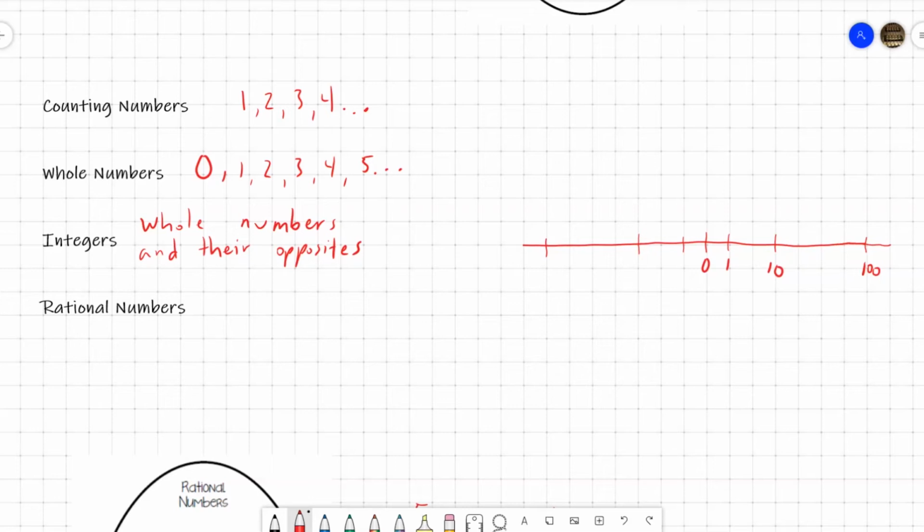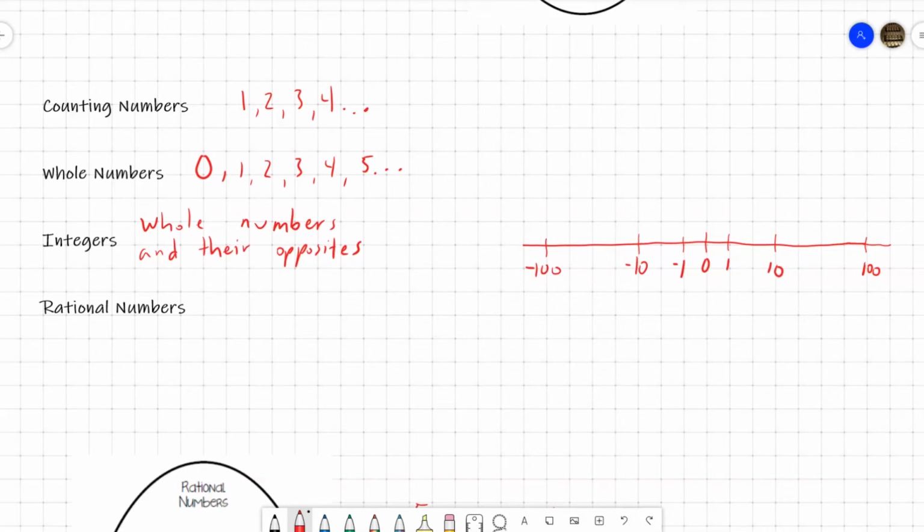On the opposite side of 0 on my number line, I have -1. On the opposite side of 10, I would have -10, and on the opposite side of 100, I would have -100. And that would go for any number.